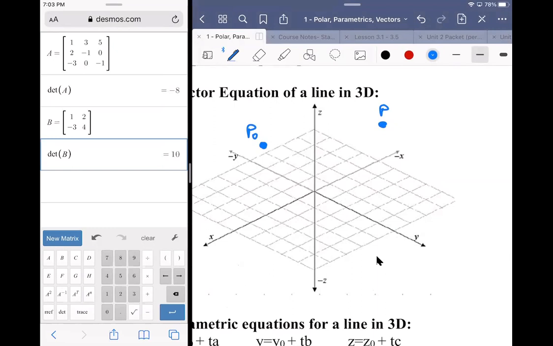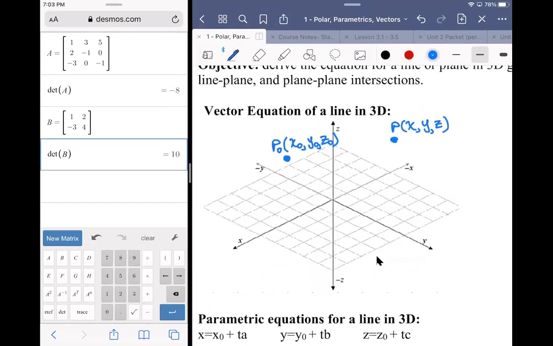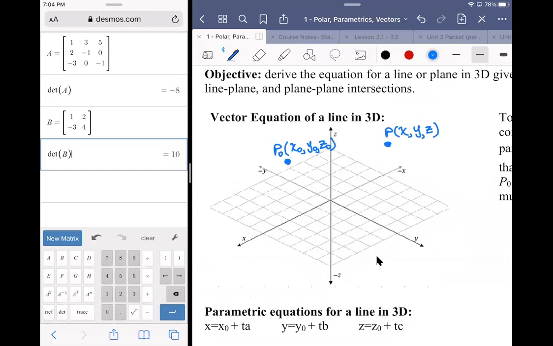Again, doesn't matter where. This is going to be X sub O, Y sub O, Z sub O, and this is your classic XYZ. I'm going to connect them with a line segment, but at this point it really is just a line segment. Later on, it'll be an actual line. So that's a line segment connecting those 2 points in space.